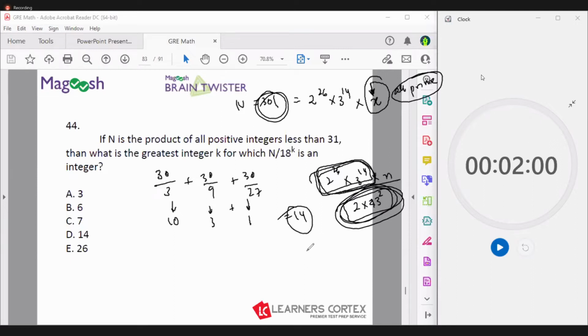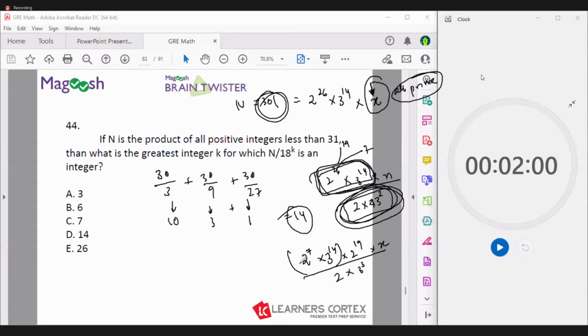So 2 to the power 7 into 3 to the power 14 into 2 to the power 19. We have basically separated this into 2 different parts, 19 and 7, using the rule of exponents, and then multiplied by x.